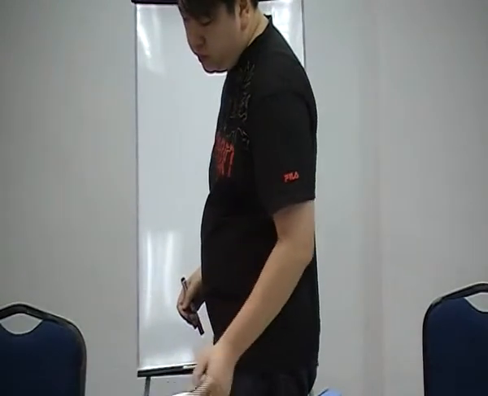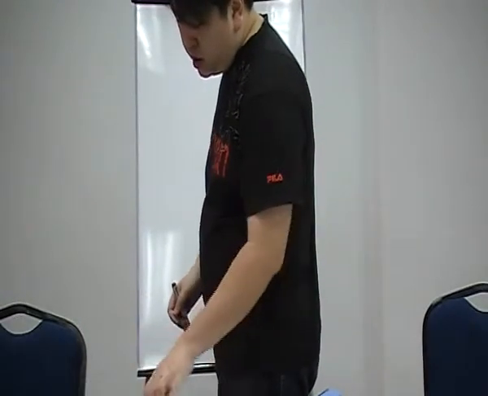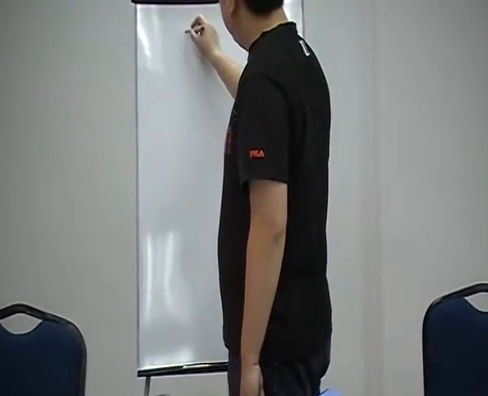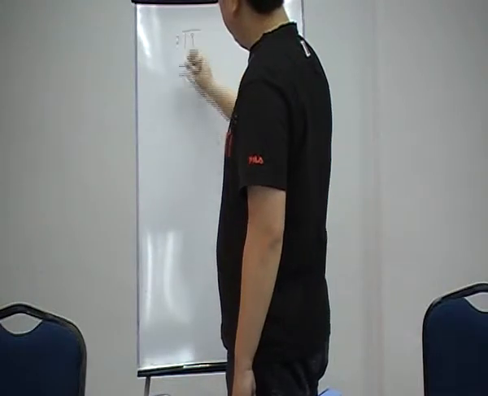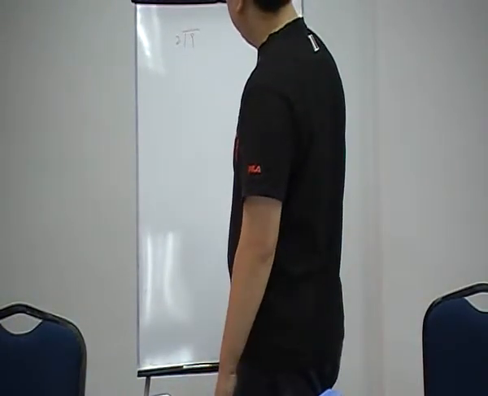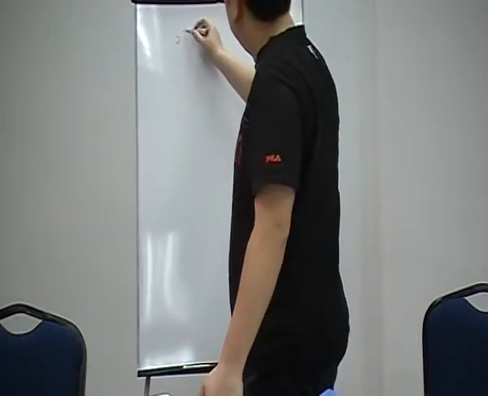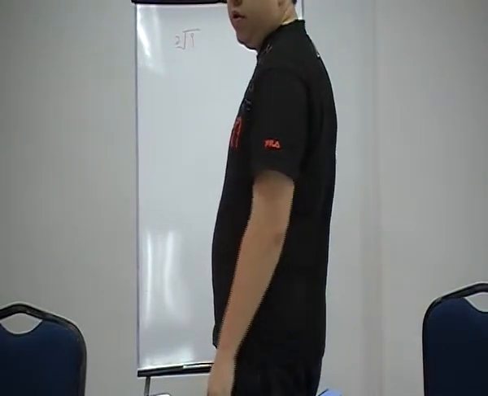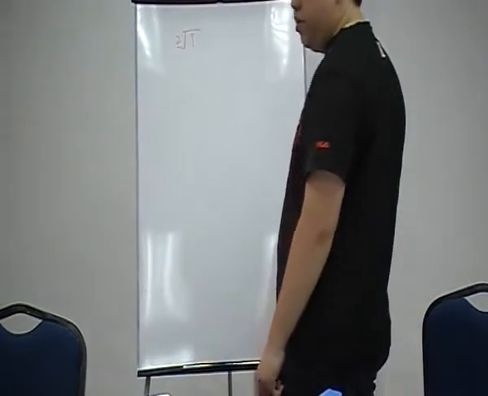So that's the first thing, some very basic things. For example, 9 divided by 2 equals what? 4.5. Let's make it a remainder. 4 remainder 5? 4 remainder 0.5?